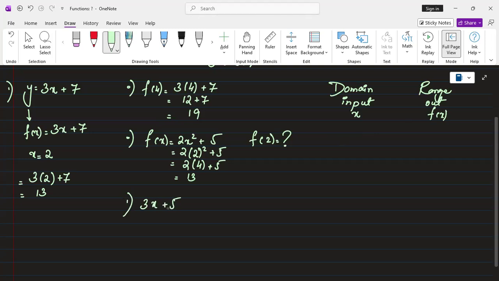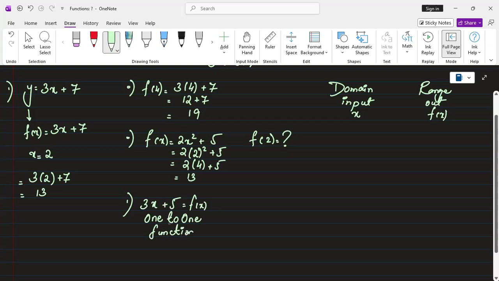For every value of x, I'm going to get a different value of y, and this is equivalent to f(x). This type of function is known as a one-to-one function. For all the different inputs, you're going to get all the different outputs. This is a one-to-one function.